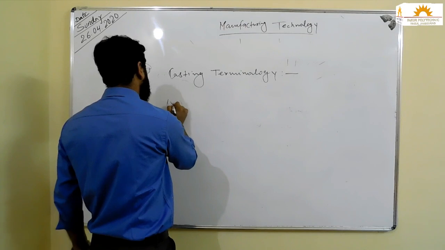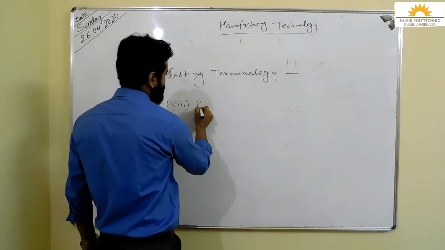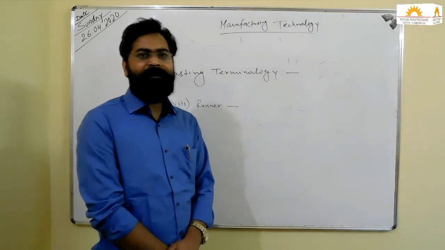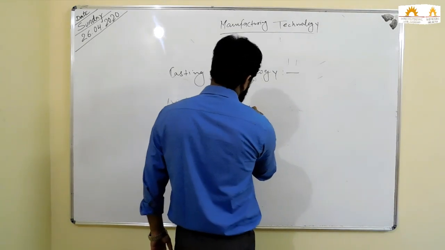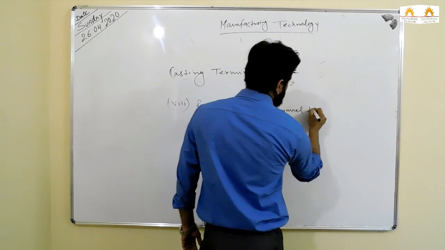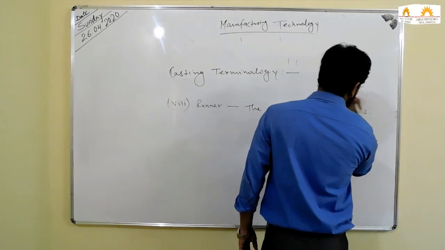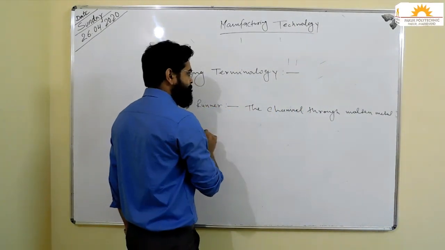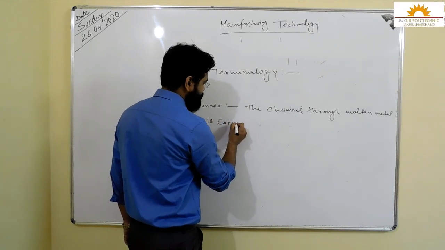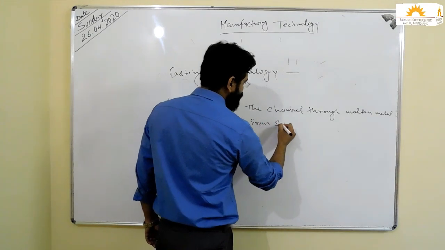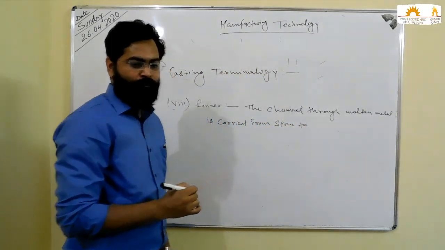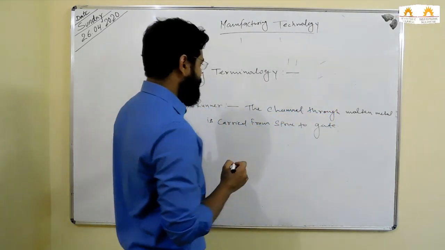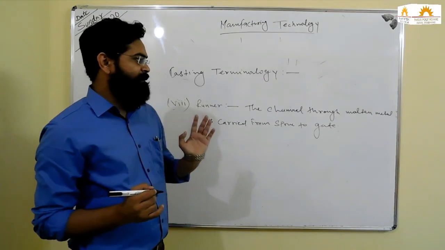Next one is runner. The runner is the channel through which the molten metal is carried from the sprue to the gate.